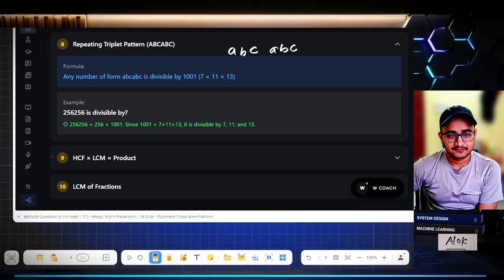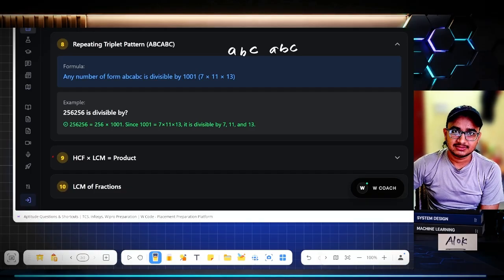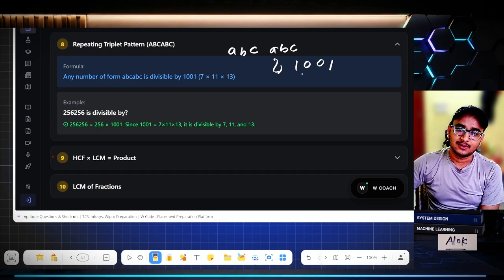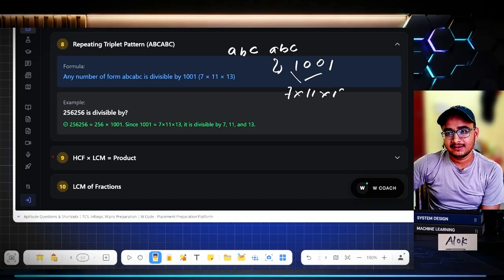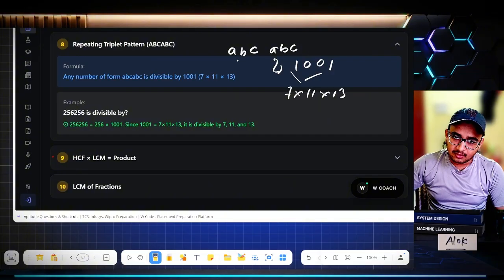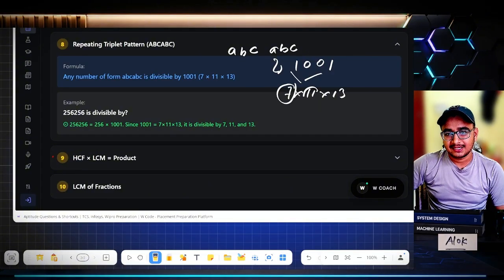If a number is in the form of ABC ABC, then that number is divisible by 1001. And 1001 is a multiple of 7, 11, and 13. So if a number is in the form of ABC ABC, then that number is divisible by 7, by 11, and by 13.